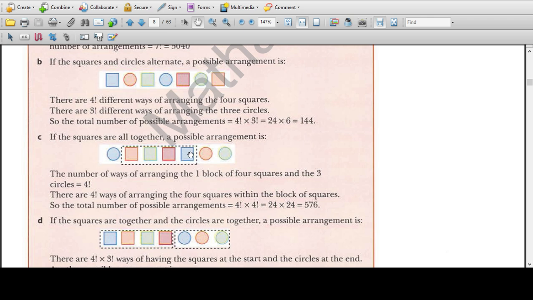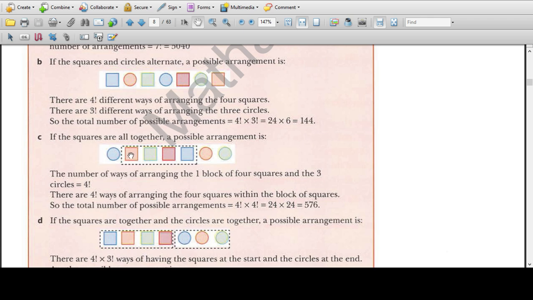So this is the number of ways of arranging one block of 4 squares. The squares inside the block have 4 ways, then 3 ways, 2 ways, and 1 way. If the block of all 4 squares is placed in the first place, then it becomes 4 factorial.